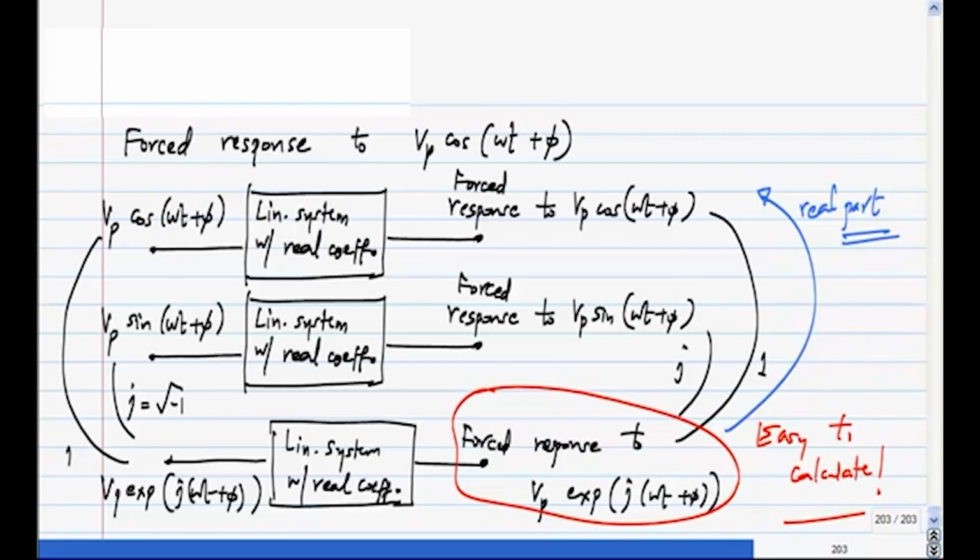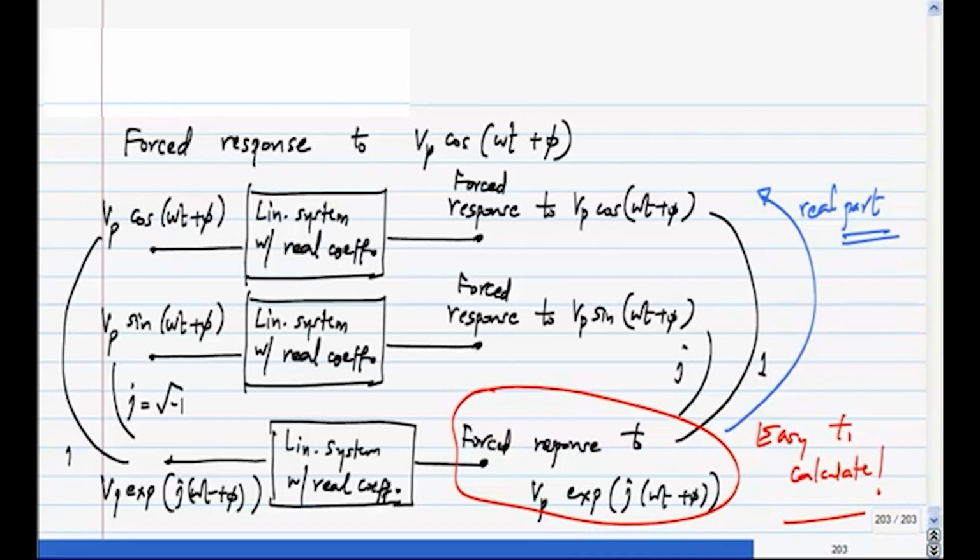In fact, after a while, it's quite common, especially in communication systems, to talk only in terms of the complex exponential j omega t. You won't even hear cos and sine, but you should understand what it means. What we are really calculating here is the response to Vp cos(omega t plus phi), and that can be obtained by calculating the response to Vp exponential j(omega t plus phi) and taking the real part.